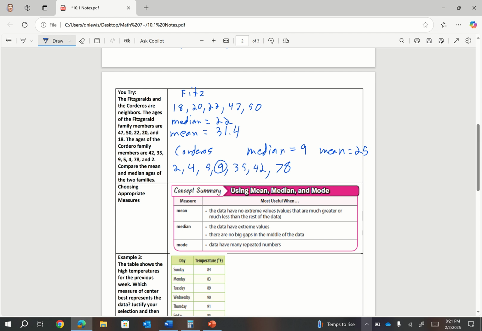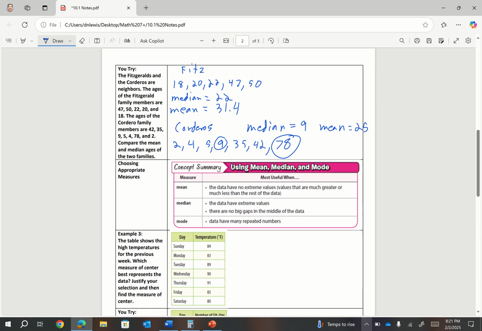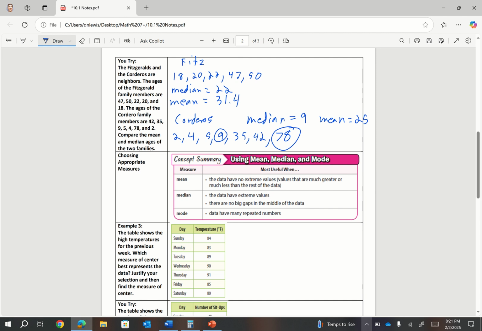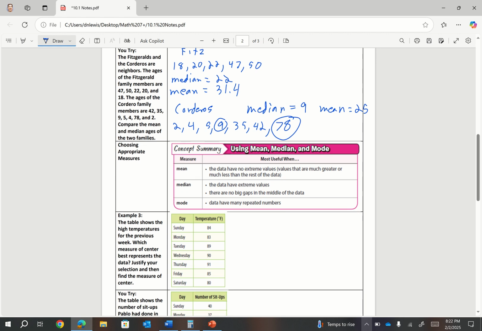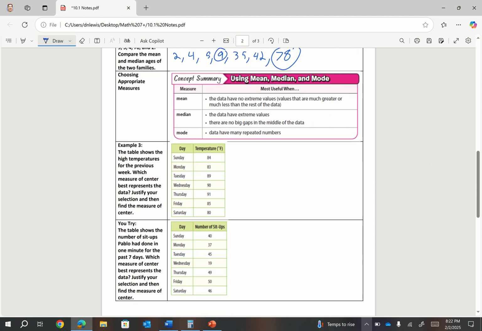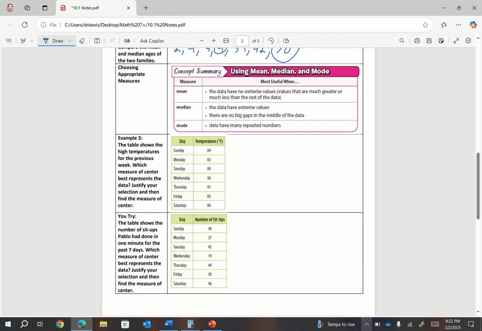But the mean was a lot more thanks to this extreme value. An outlier of 78 made the Corderos' average go up a lot higher and misrepresented that data set. So you're going to decide which of these measures of center makes the most sense when talking about the data.